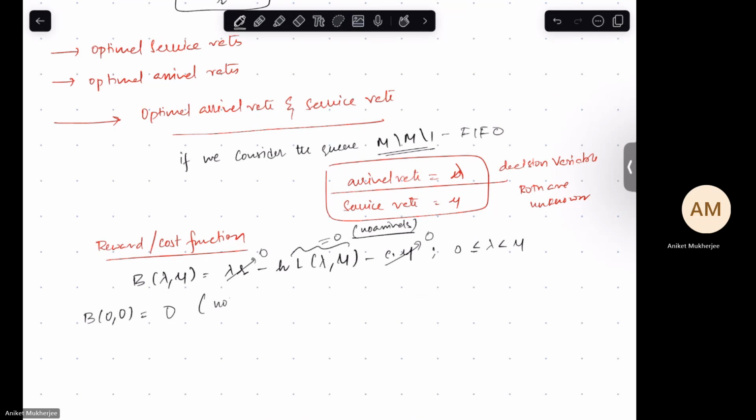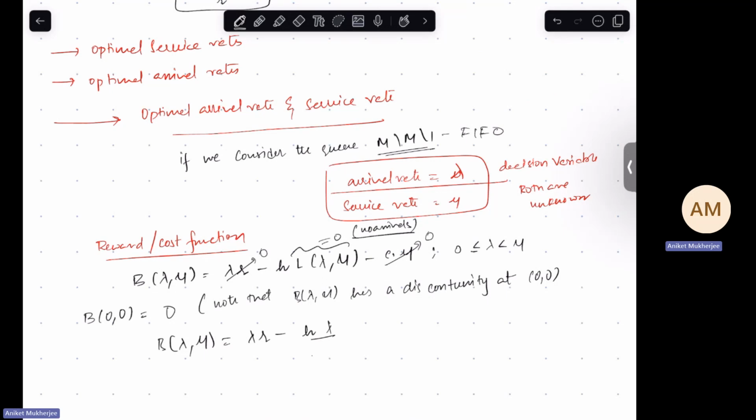And note that B(lambda, mu) has a discontinuity at (0,0). If you write down the whole expression for B(lambda, mu), you get lambda R minus h into lambda by (mu minus lambda) minus C into mu.